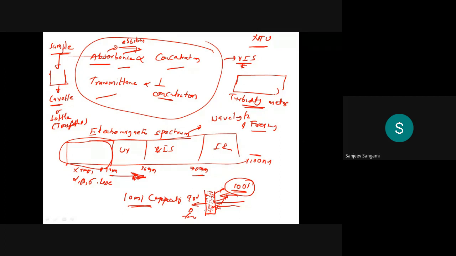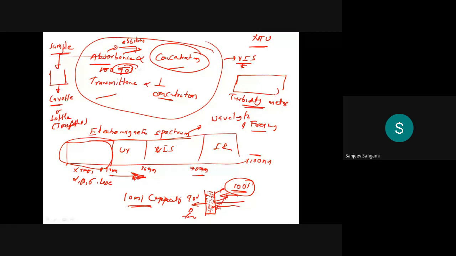Then transmittance is remaining. According to this, 100% absorbance means more concentration, and 90% absorbance, and normally absorbance is not measured in percentage, remember.